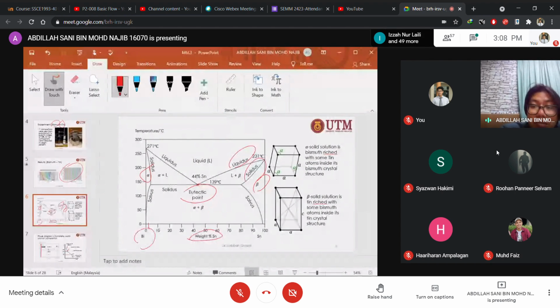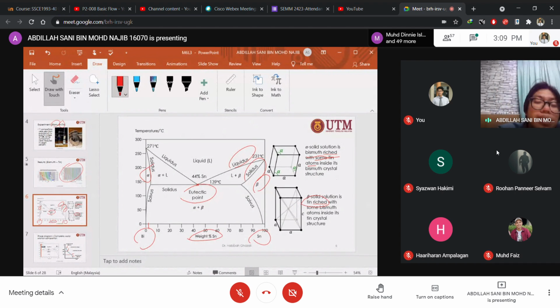So you can see that for alpha, it is bismuth rich with some tin atoms inside its bismuth crystal structure. And beta is at the extreme of tin, so we have tin rich with some bismuth. These are the two phases which exist in the eutectic phase diagram.